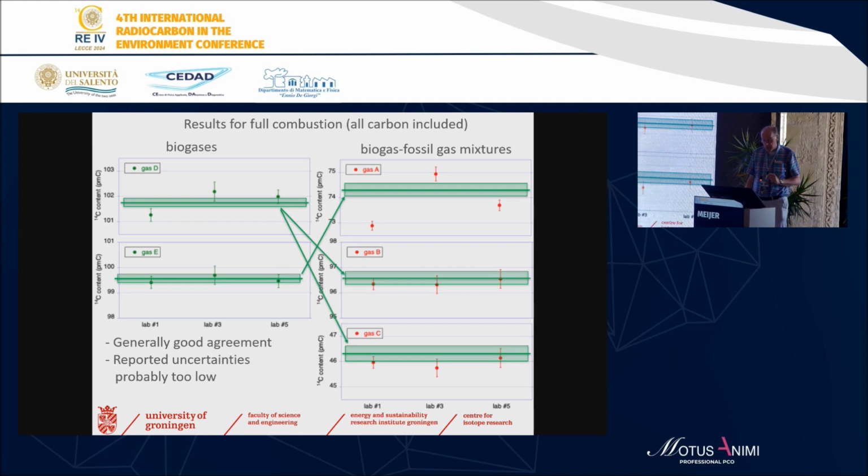You can also see that the reported uncertainties by the labs taking part in this ring test are probably too low, and that's not because the precision of their radiocarbon measurement as such is not good enough, but because the pretreatment brings in uncertainties that are not fully reproduced in the uncertainty that they provide. And indeed, gas E is likely not 100% bio. That was a side result, not intended, but it was kind of funny that that came out so well.